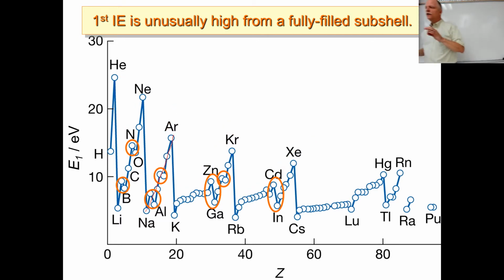But now let's look at this fully filled subshell. That first ionization energy is unusually high from a fully filled subshell. We have this noble gas here, but let's just have some fun and do zinc. Okay, so zinc.